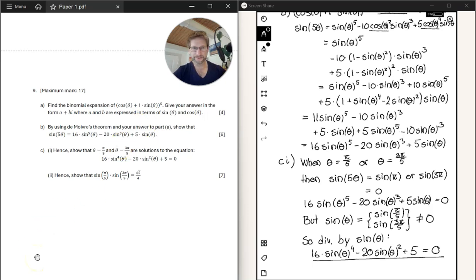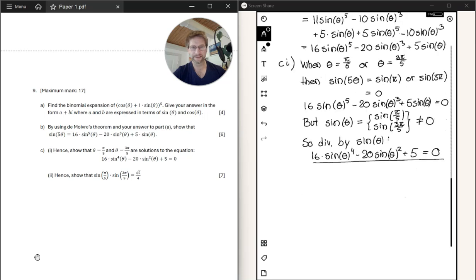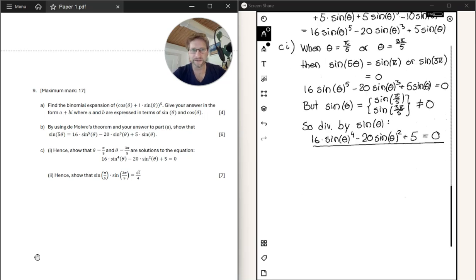And then we are ready for the finale. So we have shown that when theta is equal to pi over 5 and theta is equal to 3 pi over 5, then this equation is fulfilled.